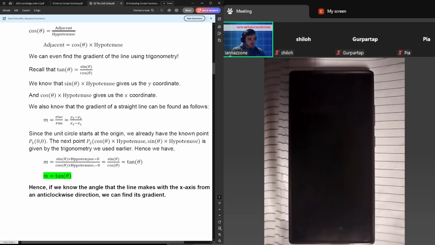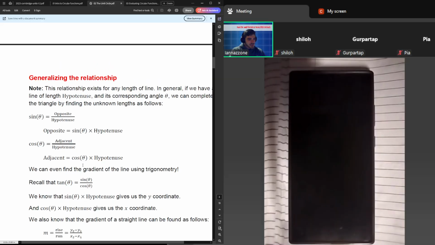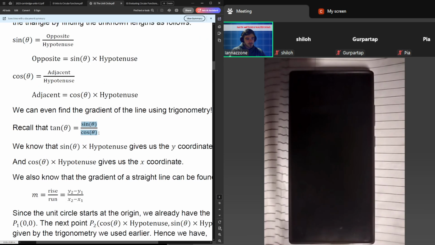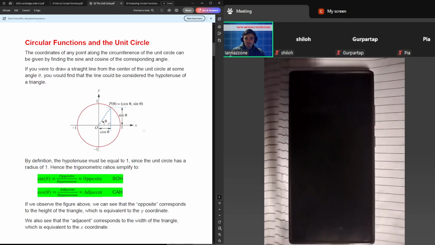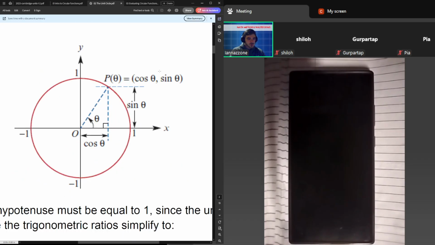This also gives you the result that the gradient of any straight line is going to be tan theta. And the reason why is that tan is specifically defined as the ratio of sine divided by cos. So if you ever divide sine by cos, you always get tan. The reason why that's the gradient is because you're basically doing a rise over run. Your y value is sine, your x value is cos.